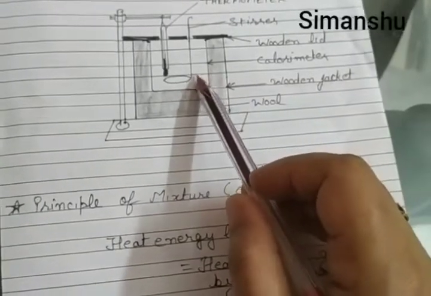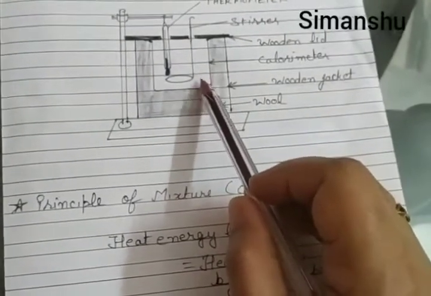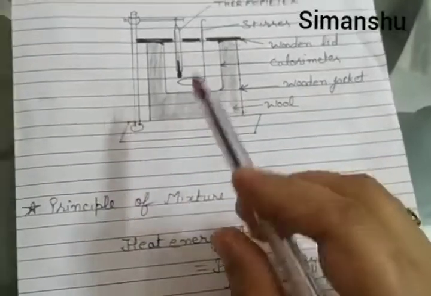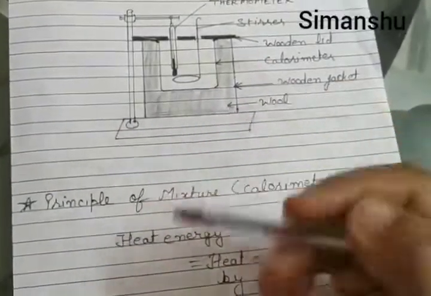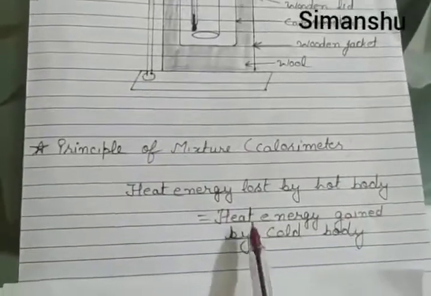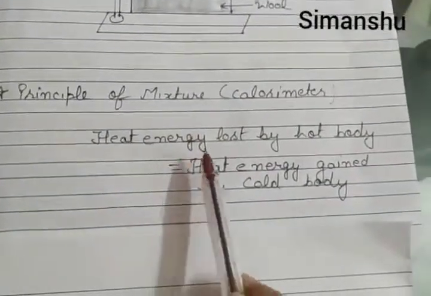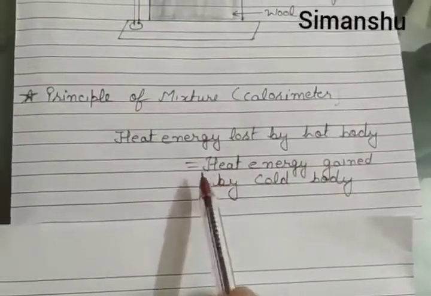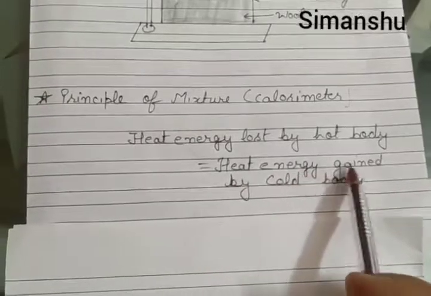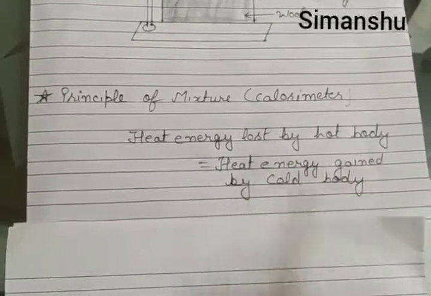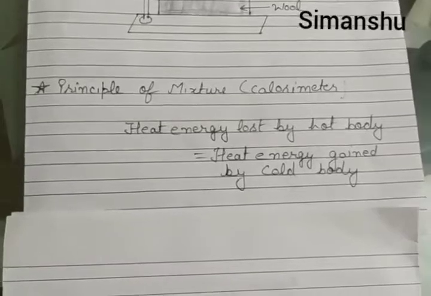That heat will be absorbed by the water. So one is losing heat, the other is gaining that heat. The principle of mixture says that heat lost by the hot body will be equal to heat energy gained by the cold body. That's all for today. Thanks to you.